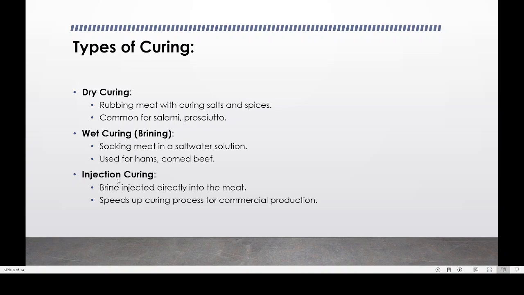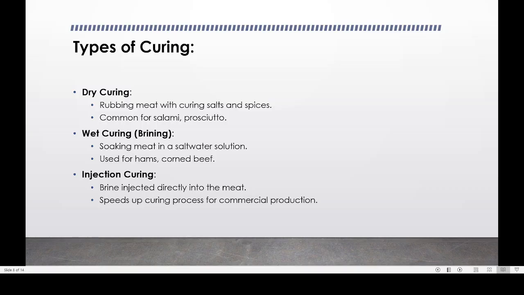Then another is injection curing. Brine injected directly into the meat speeds up the curing process for commercial production. See here, this is how they are doing it.